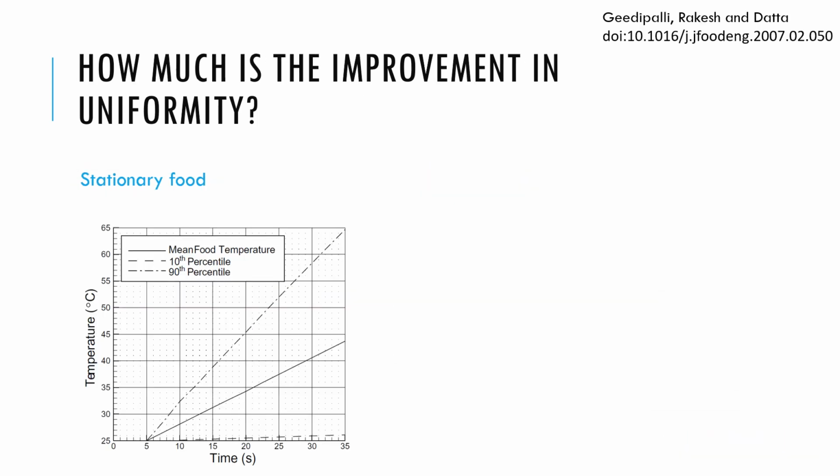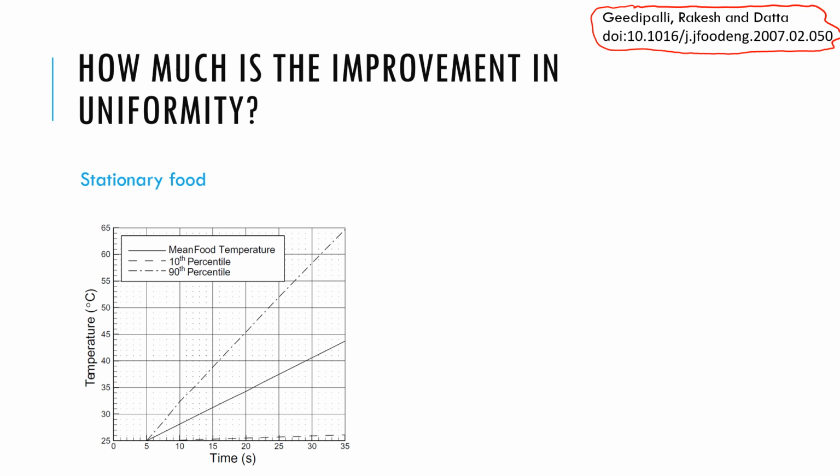Here we try to quantify this non-uniformity that we have been talking about. And again, it's from the same research work, that is electromagnetic simulation of heating of a rectangular block of food inside a home microwave oven placed on the turntable.